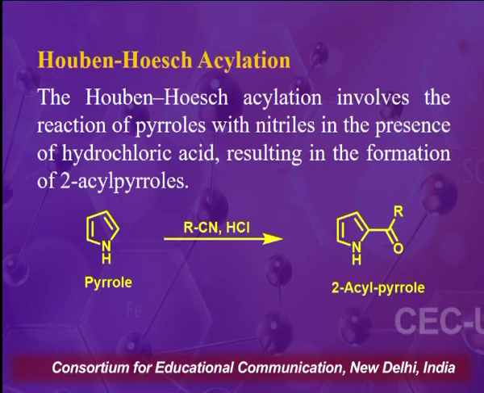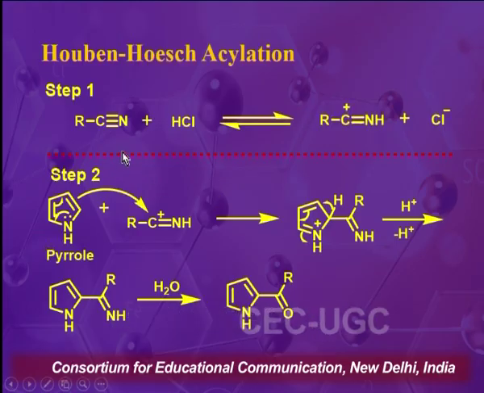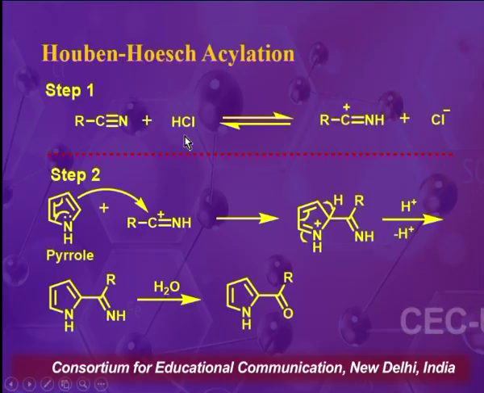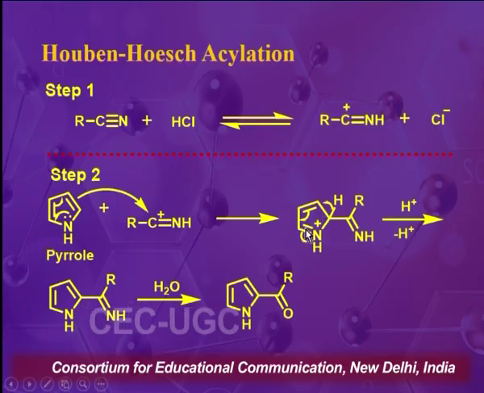In this case the reaction takes place in two steps. The first step is the reaction between the nitrile compound and hydrochloric acid. When we do the reaction between these two components, the protonation of nitrogen takes place and we will get an iminium cation as the intermediate system, and on this system the pyrrole will attack from the C2 position and we will get this intermediate.